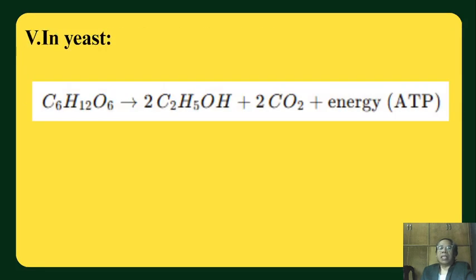In yeast, 1 mole of glucose, C6H12O6, decomposes to produce 2 moles of ethyl alcohol, 2 moles of carbon dioxide, and energy in the form of ATP, adenosine triphosphate.